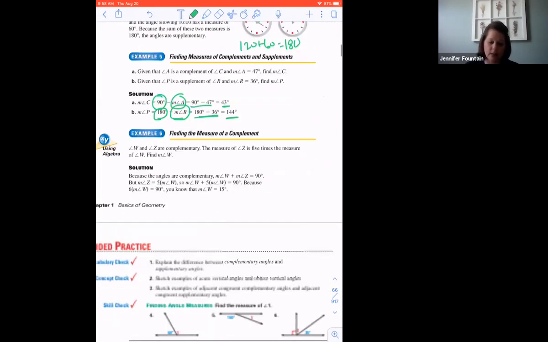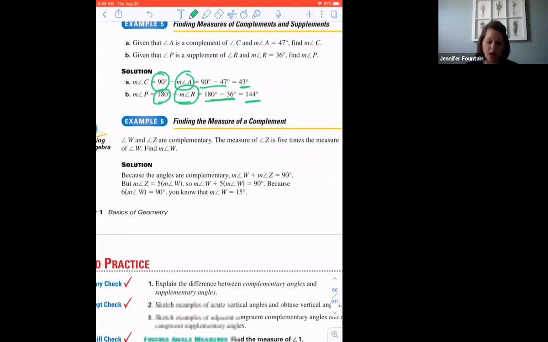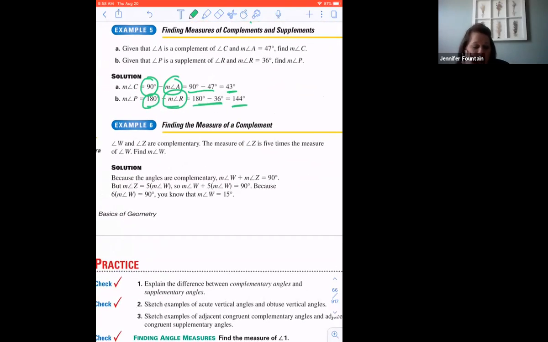All right. The next one says finding the measure of a complement. Angle W and angle Z are complementary. The measure of angle Z is 5 times the measure of angle W. Find the measure of angle W. I've got to take this apart and think about it.